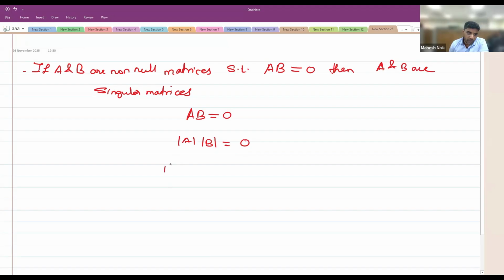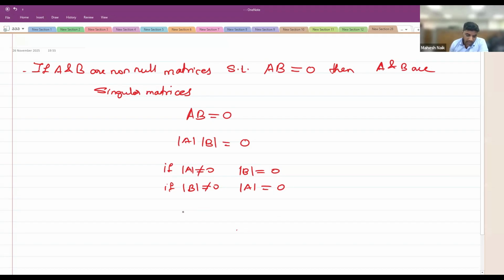So if I take determinant of A not equal to 0, that will imply determinant of B is equal to 0. And if I take determinant of B not equal to 0, that will imply determinant of A is equal to 0. So invariably, we will get the other one to be equal to 0.